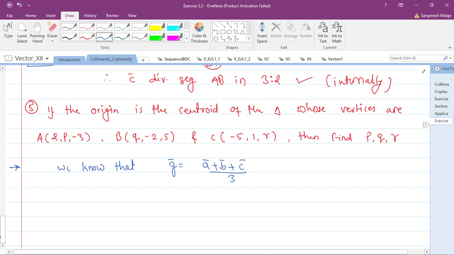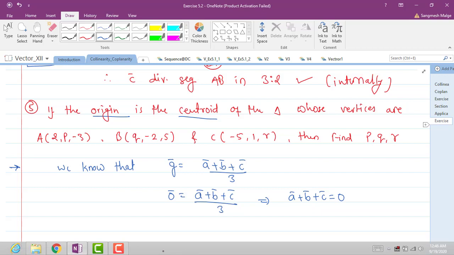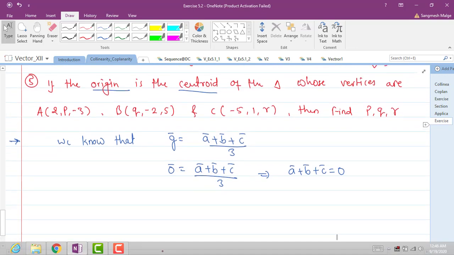And here they mention that the centroid is the origin, means G bar is (0, 0, 0). So 0 bar is equal to (A bar plus B bar plus C bar) upon 3, which implies A bar plus B bar plus C bar equals 0, isn't it?